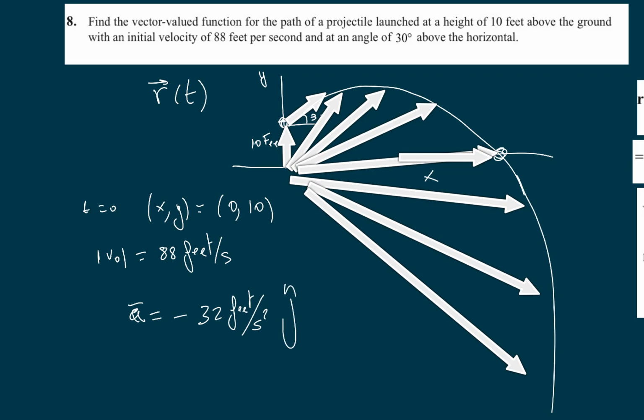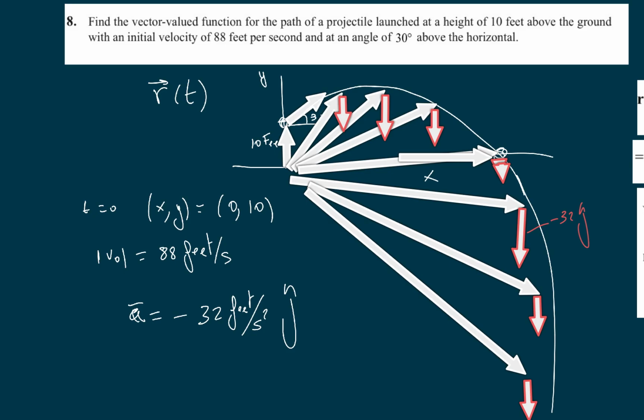So the acceleration is a vector field, and at any point the acceleration has magnitude 32 going downwards, in the direction minus j, even if I draw vectors that don't look exactly the same.